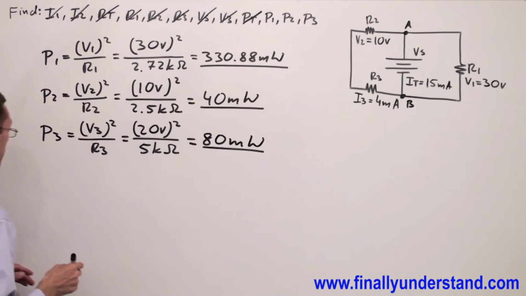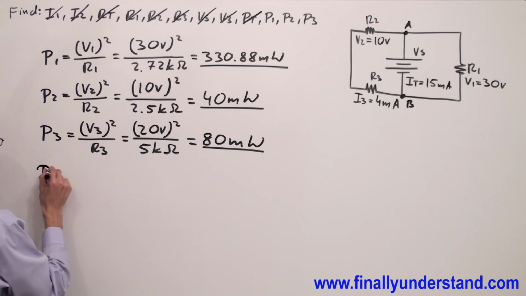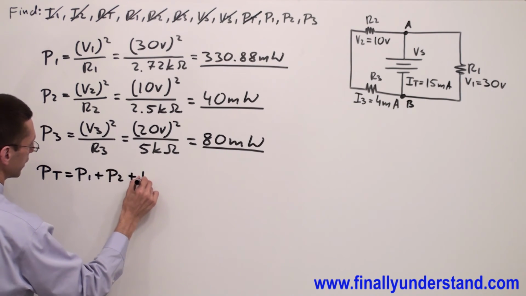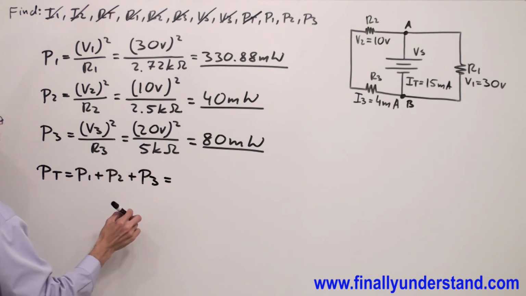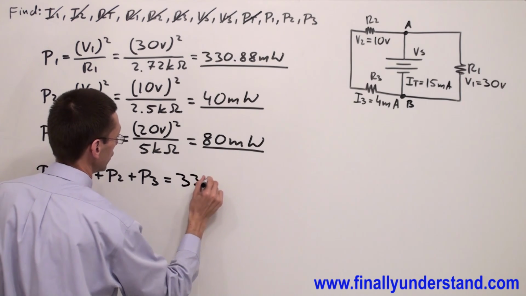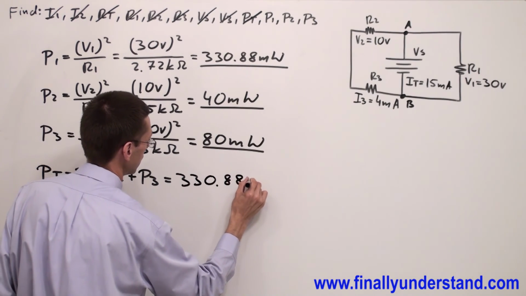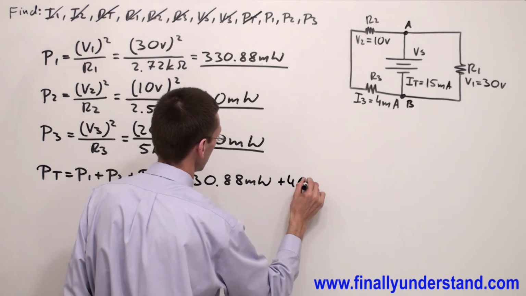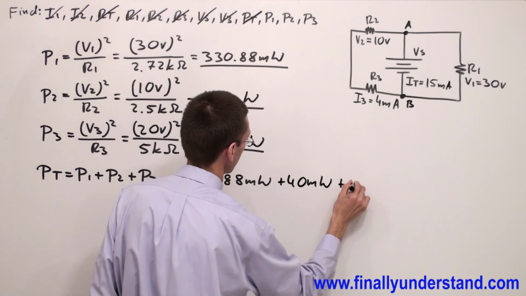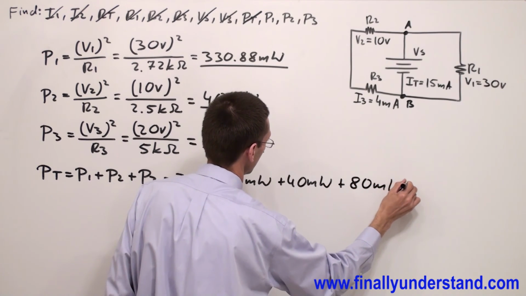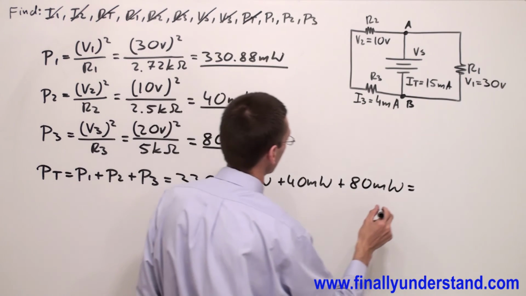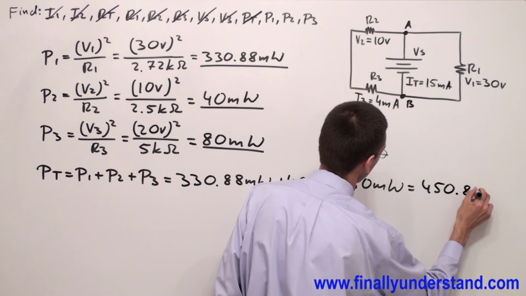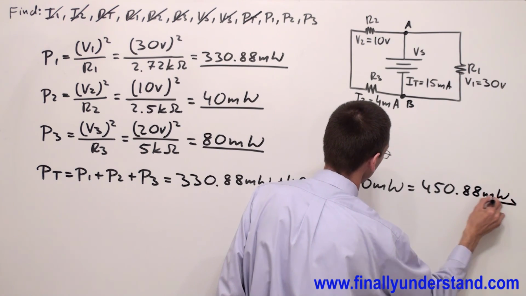Next, we're supposed to verify if our answers are correct. So write P total is equal to P1 plus P2 plus P3. This is equal to 330.88 milliwatts plus 40 milliwatts plus 80 milliwatts, which is equal to 450.88 milliwatts.